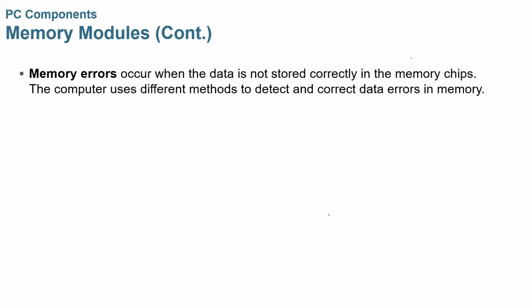Okay, now we have memory errors, which always occur when data is not stored properly. These are just different messages that you get to detect that you are trying to store something and something happened. So memory was designed to give a signal whenever it sees some kind of malfunction on the machine.